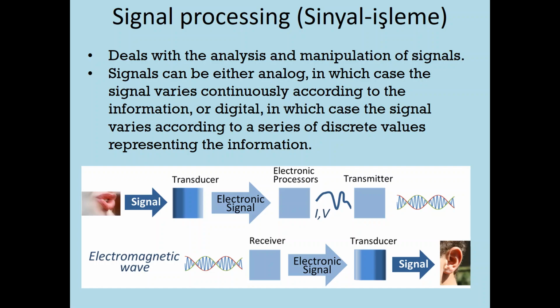For example, suppose you want to record your voice. You speak, you generate an analog signal. But your phone doesn't understand an analog signal. It just understands an electrical signal. So you put a sensor, which is the mic, that transfers your analog signal into an electrical signal.